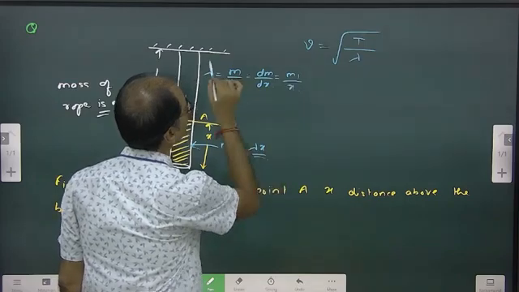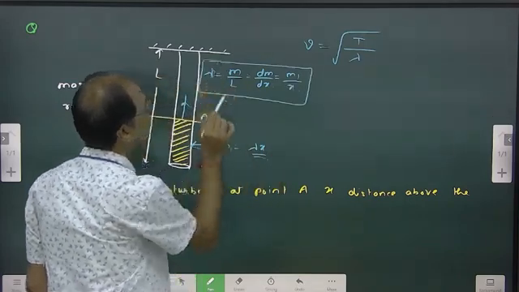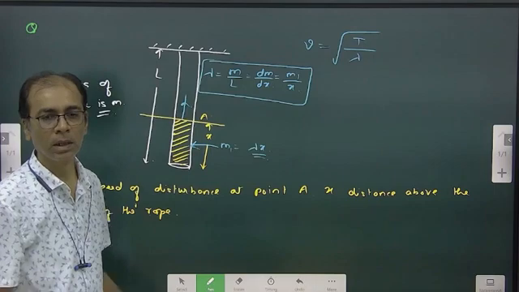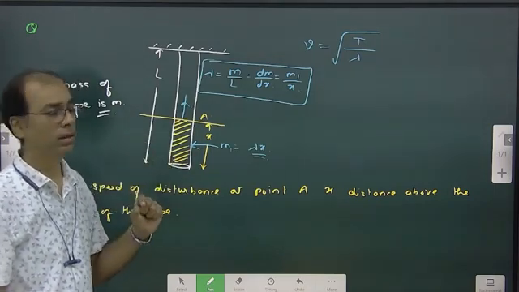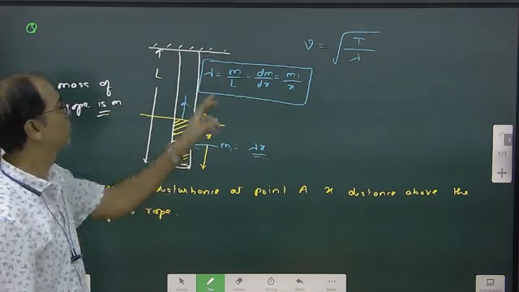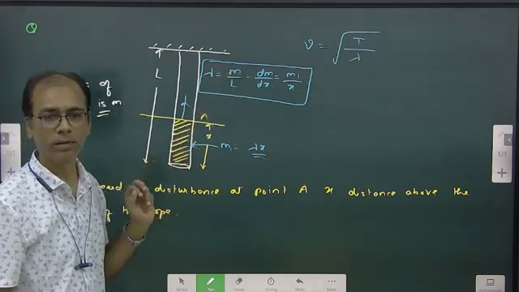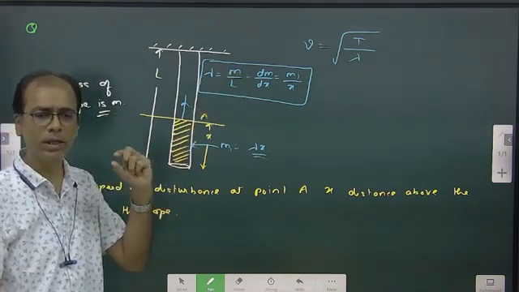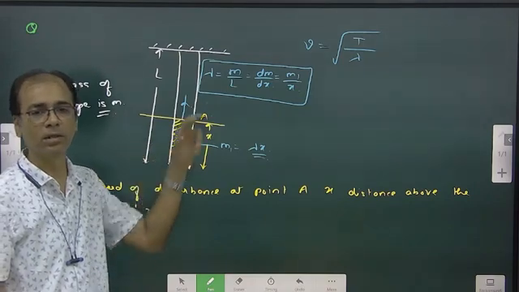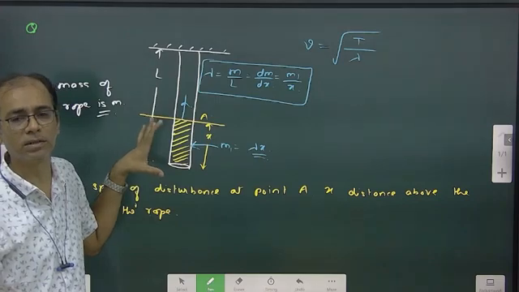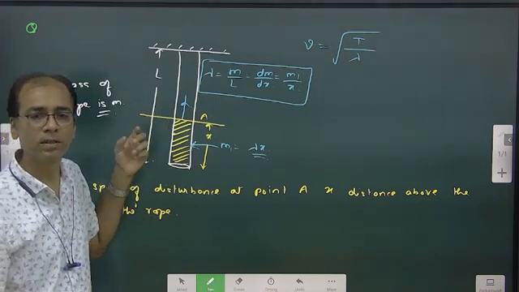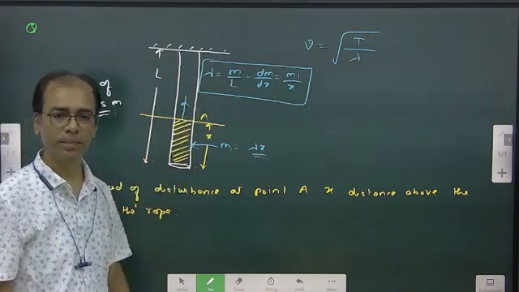Lambda is constant, it's a uniform mass. Mass by corresponding length is constant. If total length I am taking, then total mass by total length. If small I am taking dm and its length is dx, then dm by dx. And if this I am taking, its length is x, so its mass by x is lambda.